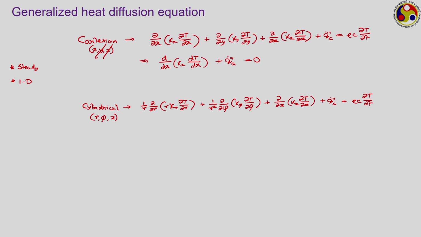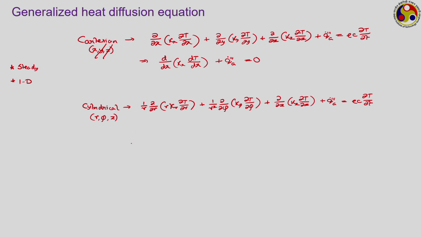Remember the last 2 assumptions which we kept on considering in the previous week, that is no internal energy generation and also constant thermal conductivity, we are not considering now. Accordingly, both k x and this q naught triple prime remain in the framework.